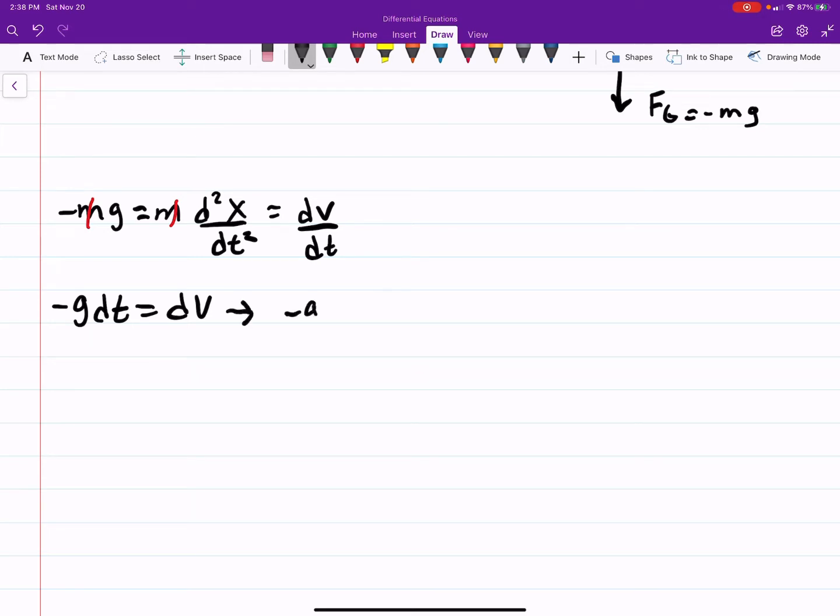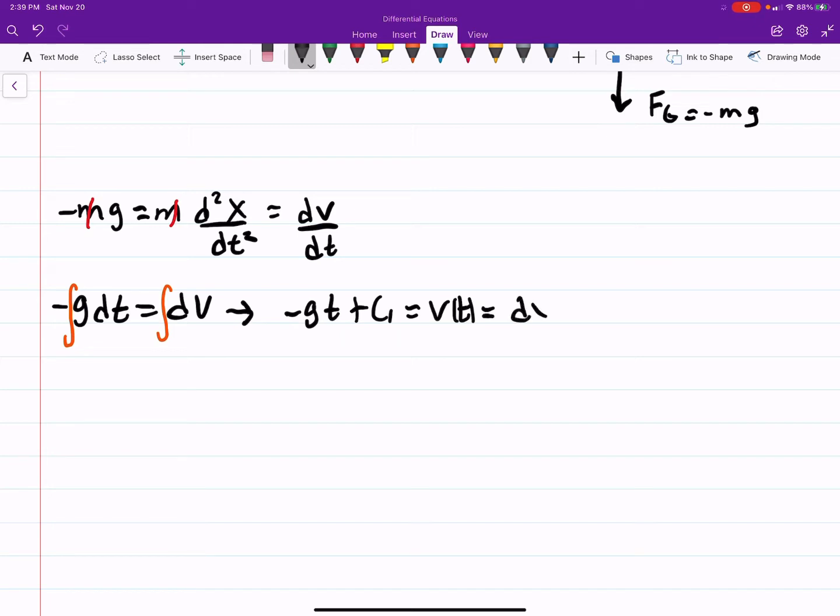So you'll get minus gt plus a constant, we'll call it c1. Integrating both sides, you're going to get a constant, so I'll call c1, equals the velocity as a function of time.